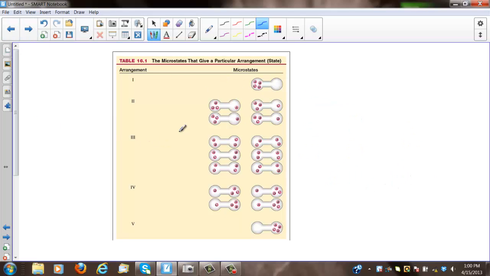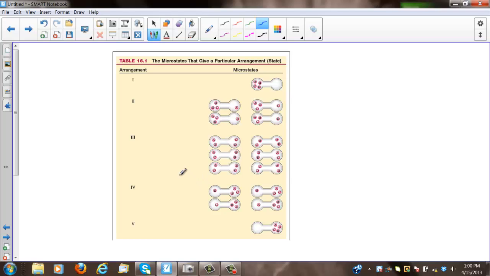In this next screen, using the gas that was in the previous diagram, they're showing you different microstate arrangements. If all of those molecules represented 4 different types of gases, we could start with all of them on the left, and then when the stopcock is opened, maybe only A will go to the right, or maybe C, B or D, and then as you go down here, you can see 2 particles.